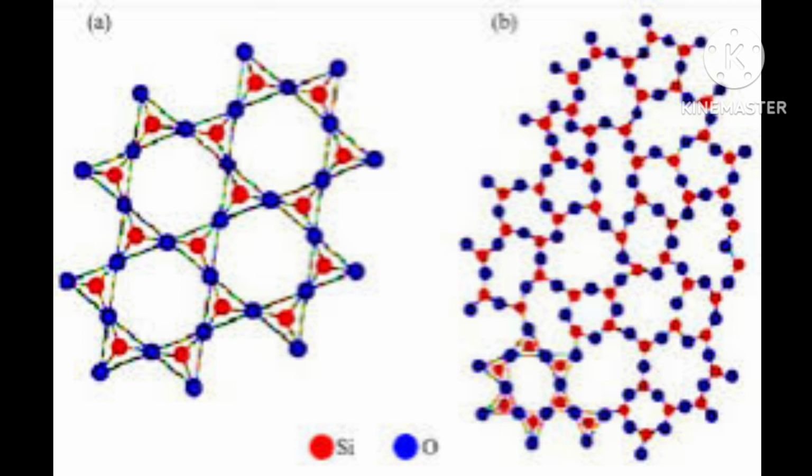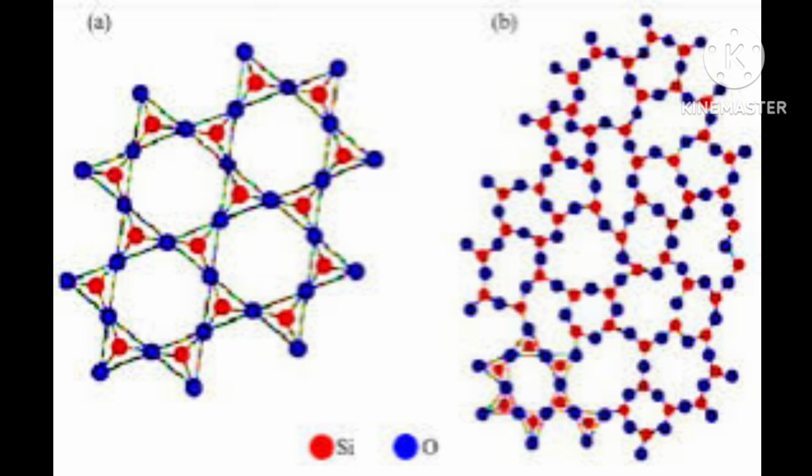Covalent or network solids, now I am going to discuss. A wide variety of crystalline solids of non-metals results from the formation of covalent bonds between adjacent atoms throughout the crystal. They are also called giant molecules, big molecules.